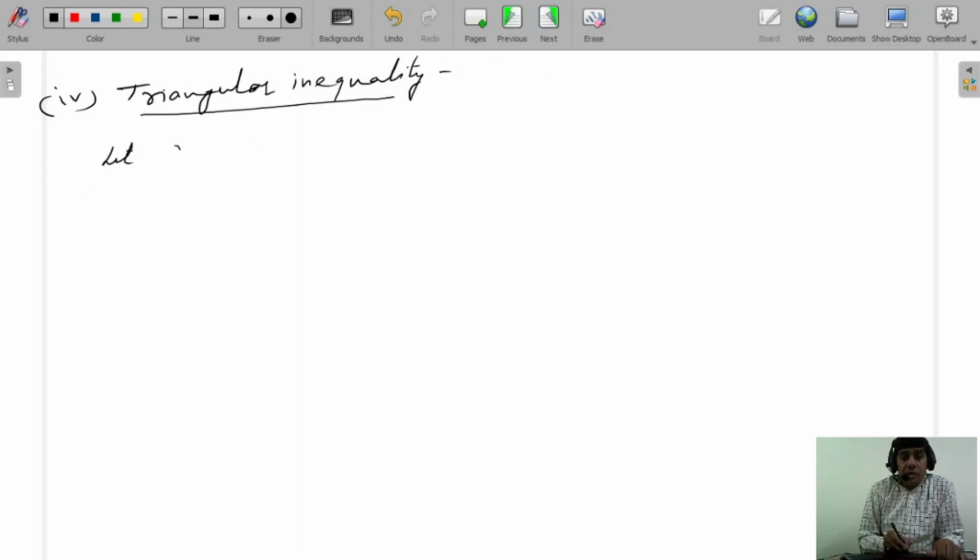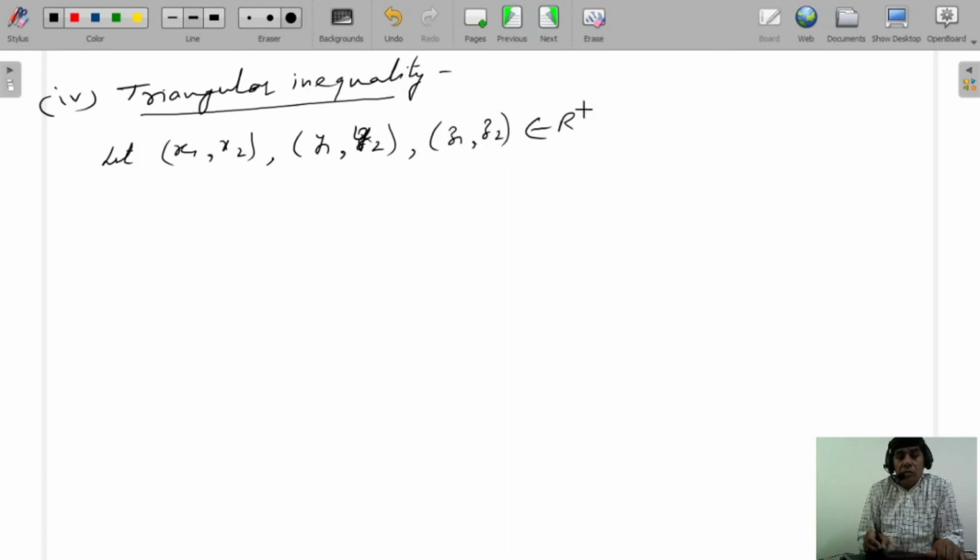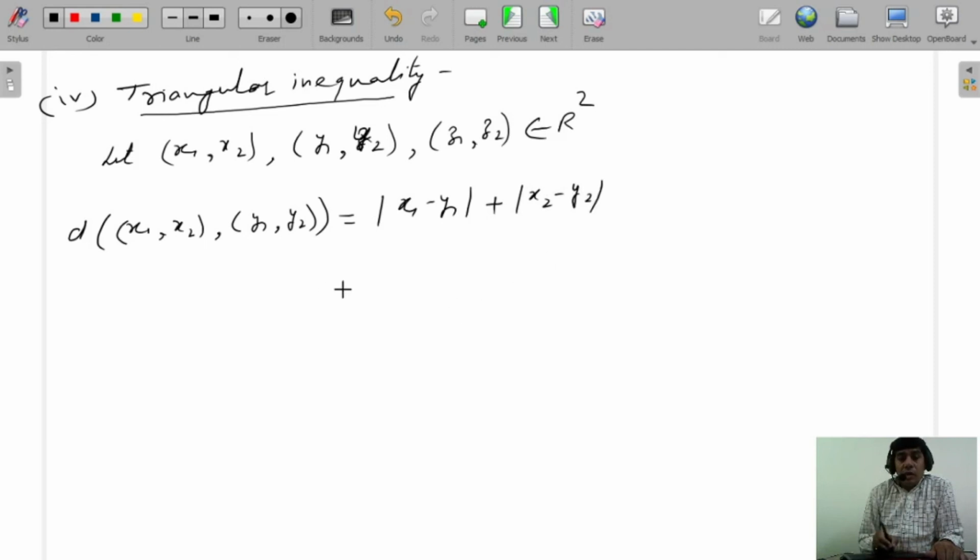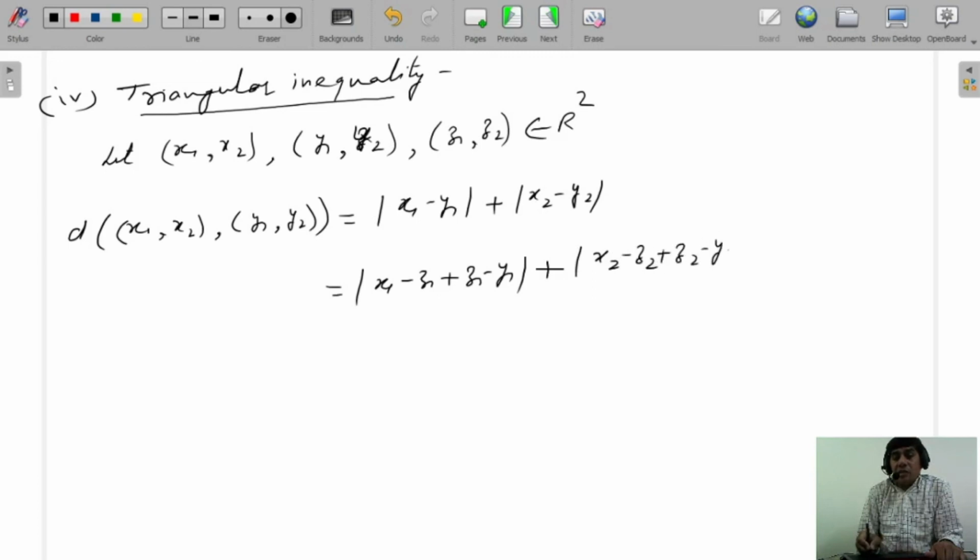Let (x1, x2), (y1, y2), (z1, z2) belong to R square. d((x1, x2), (y1, y2)) is equal to modulus of x1 minus y1 plus modulus of x2 minus y2, which is equal to modulus of x1 minus z1 plus z1 minus y1, similarly, modulus of x2 minus z2 plus z2 minus y2.